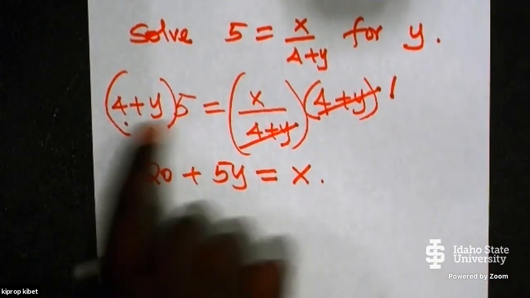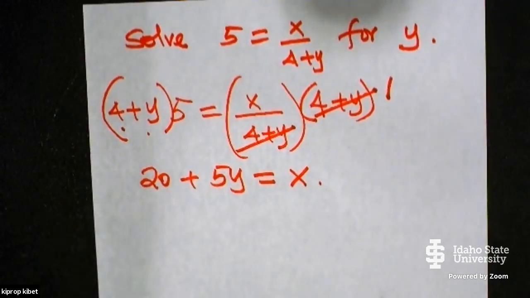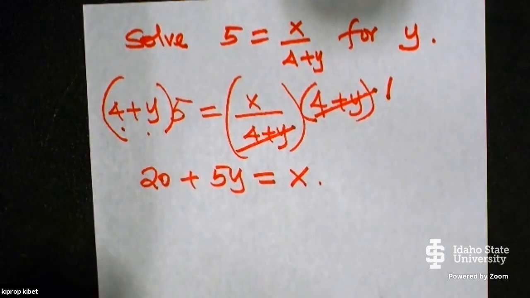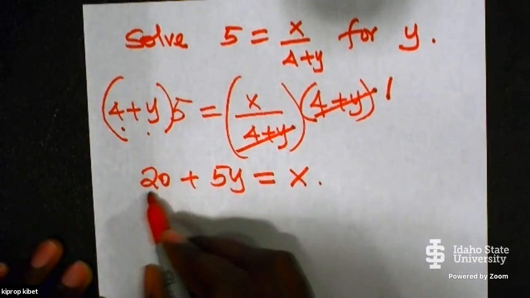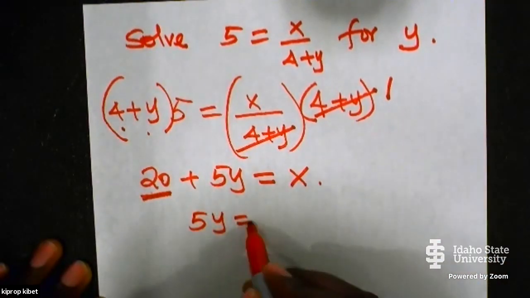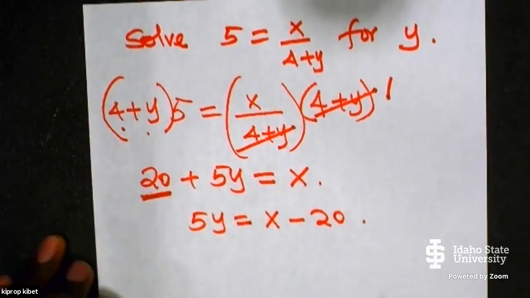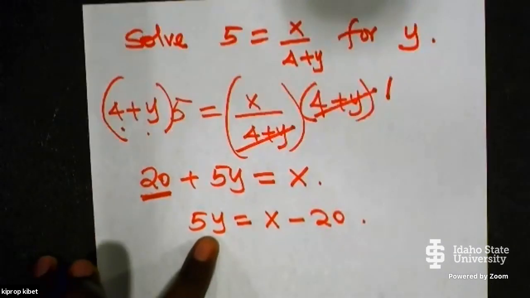Now you open these brackets, so 20 plus 5y. Then to put y on one side, what do you do to these other ones? You take them to the other side. So you take this 20 to the other side. So what remains is 5y equals x minus 20. Now we want to only have y. So what do you do here?